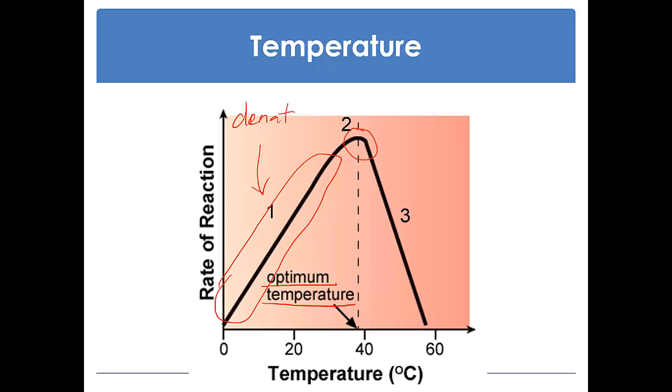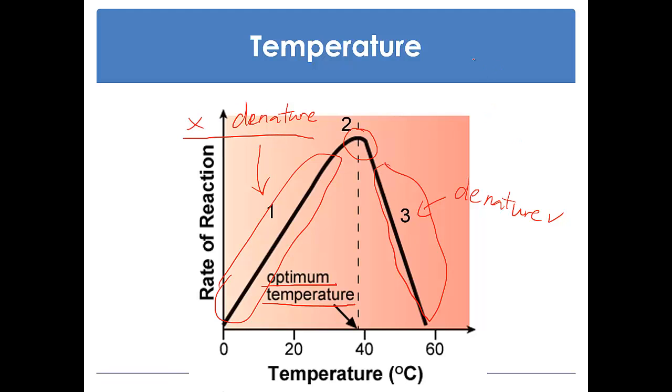If you say it is denature, it is not correct. It's only correct when you say it's too hot, when we talk about denature here. It's okay for stage 3, but for stage 1 you can't say denature.